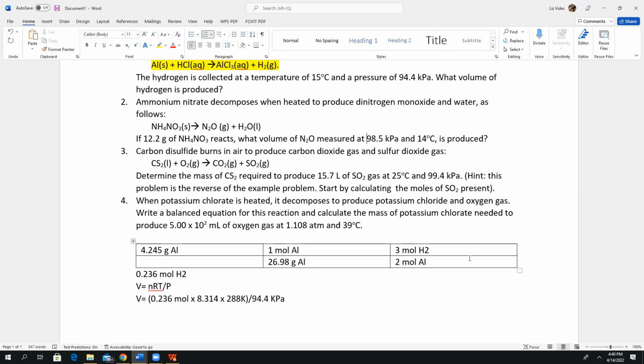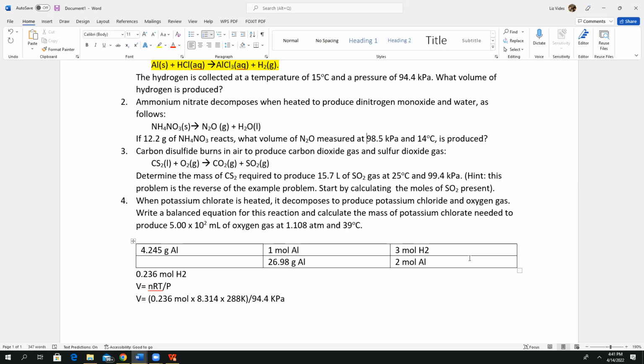All right. So moles of O2. So we need to find how much potassium chlorate we need. Okay. So if we have 0.0216 moles of O2, let me see, for every 3 moles of O2, we get 2 moles of KCl.